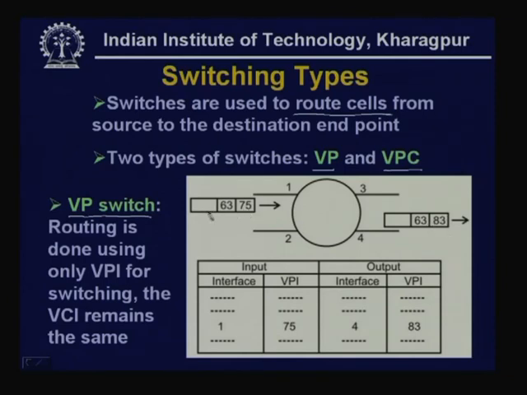So, the switching is done, it comes here, and by looking at this table the VP switch identifies to which port it will be assigned and what will be the VPI to be provided to that. So, the cell is forwarded with the help of these two numbers. That means the cell header will have that VPI VCI information, and with the help of that routing or forwarding will take place.